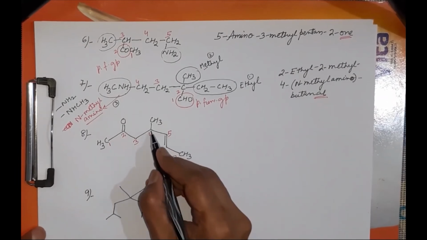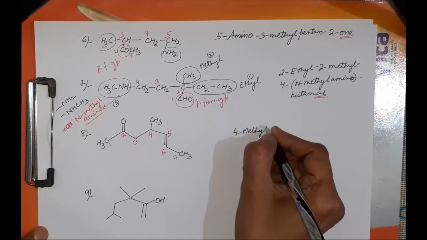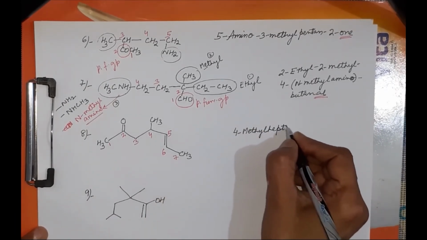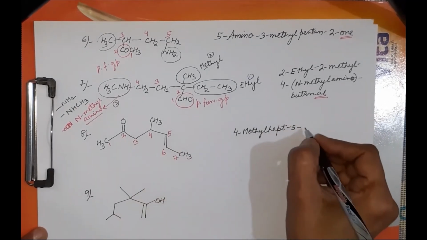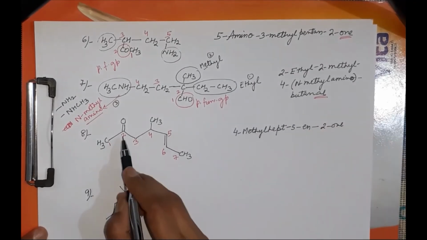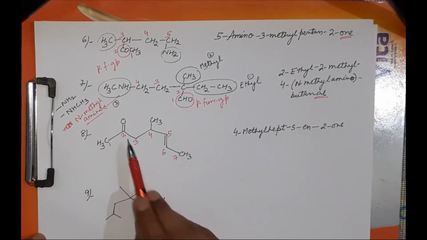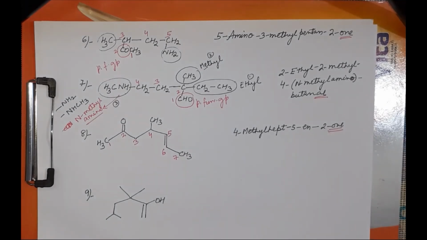So then it is very simple. 4-methyl. 7 carbon atom chain, so hept, 5-yne, 5 position triple bond, 2-one, at 2 position this ketonic group is there. So name will be 4-methyl hept-5-yn-2-one. For ketonic group, this one is added.